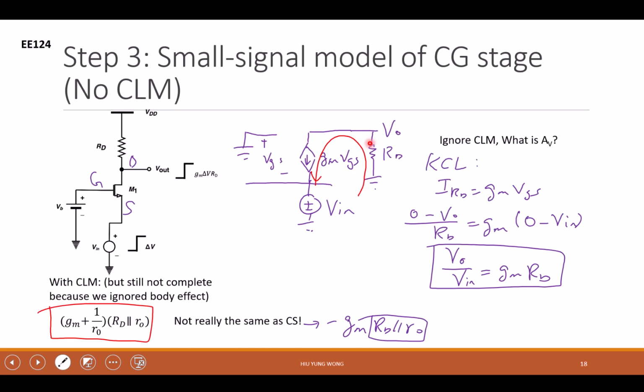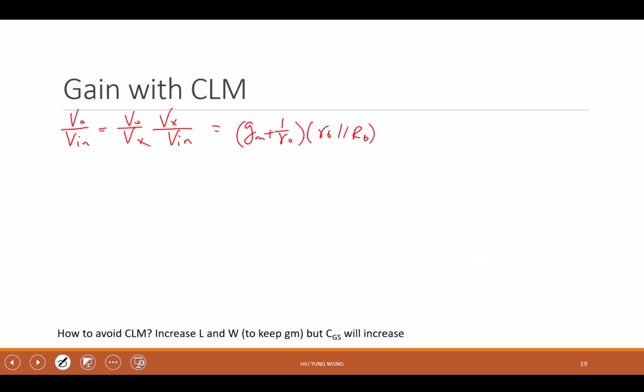I'm just getting the gain of the common gate amplifier. Okay? And then Vx divided by Vin is Rin divided by RS plus Rin, right? But because of channel length modulation, I actually have more terms. So it will be GM plus 1 over R0, and then R0 RD divided by R0 plus RD for this parallel term.